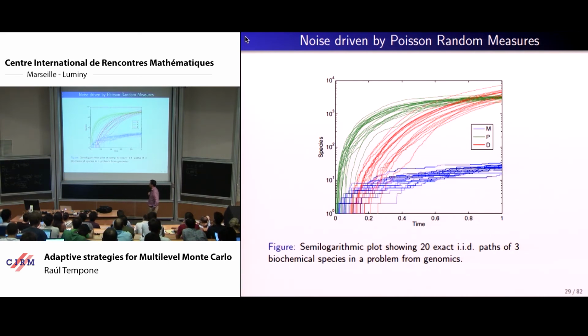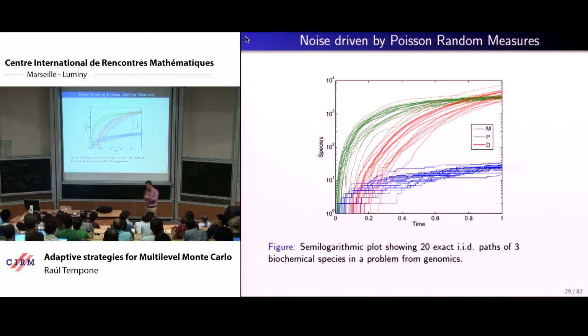These processes are very popular. They are Markov processes, of course, and they are used in a zillion applications, but let's go a little bit more into them. This is a logarithmic scale. This is time, and here in blue, red, and green are 3 components of this vector that is changing according to time. The numbers that are shown here evolving are the number of species for each of these 3 components.